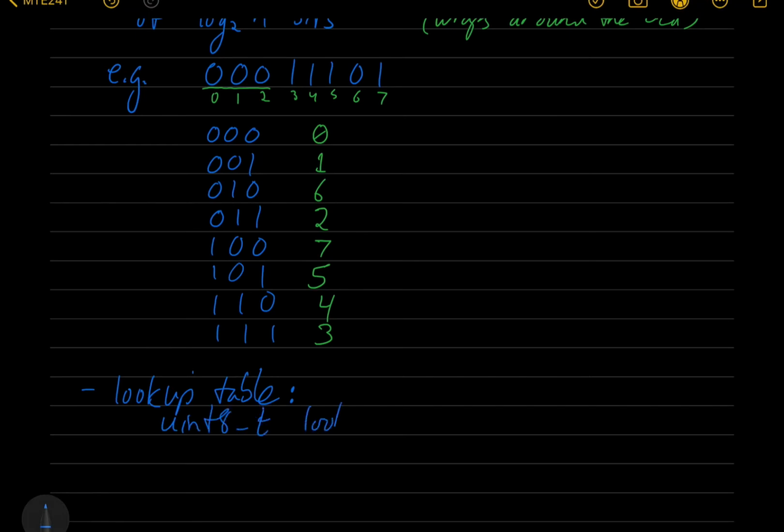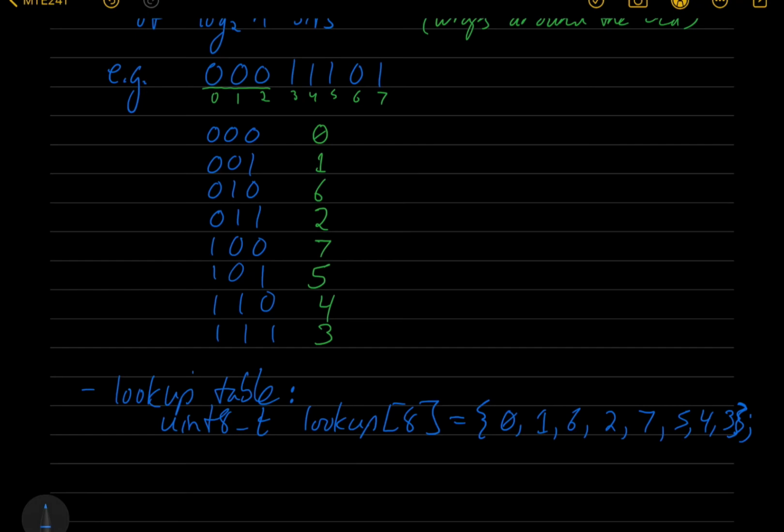Let's call it lookup. It's going to have 8 values in it, and we can actually just write those in order. So 0, 1, 6, 2, 7, 5, 4, and 3. That's a brace bracket at the end.